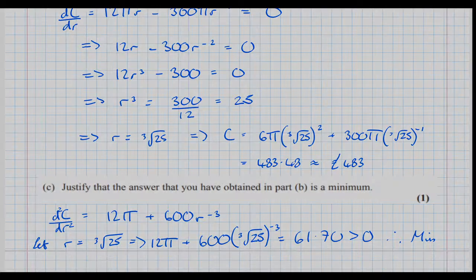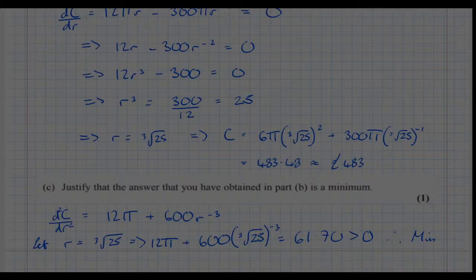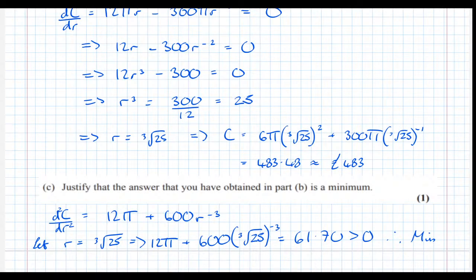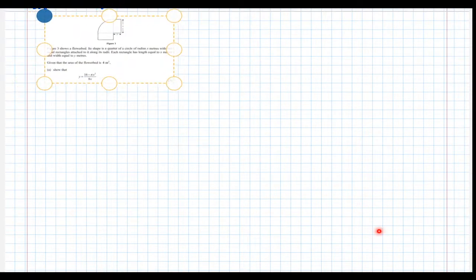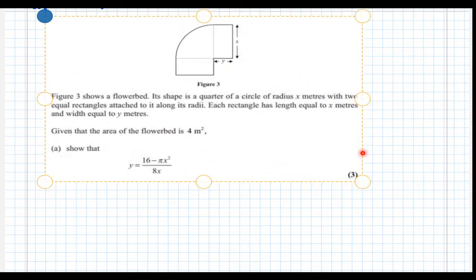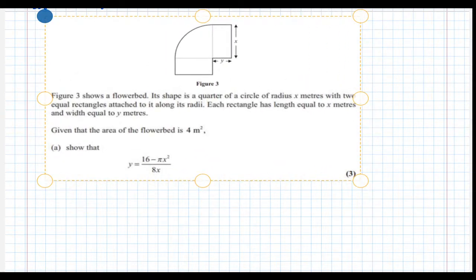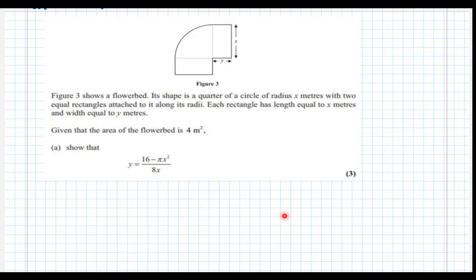Let's try another. Figure 3 shows a flower bed. Its shape is a quarter of a circle of radius x meters with 2 equal rectangles attached along its radii, basically as described in the diagram.